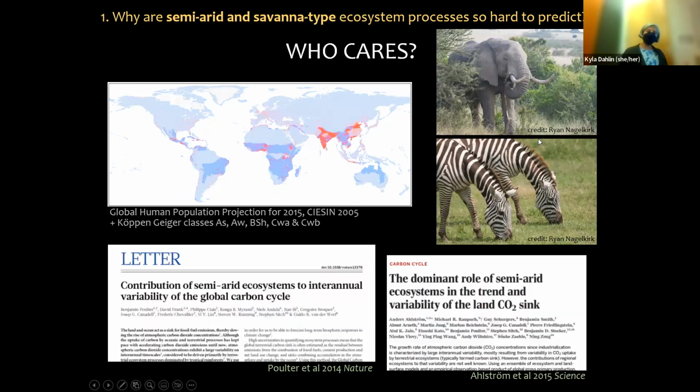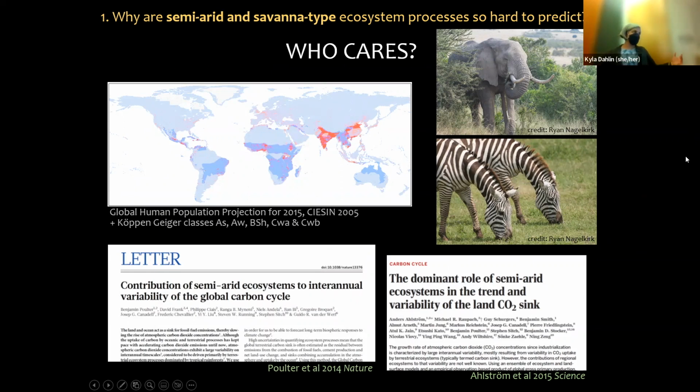And perhaps more importantly, from the ecosystem processes perspective, there are a couple of papers now, several years old, demonstrating that even though most of the carbon in the terrestrial world lives in the tropics or lives in the boreal regions, interannual variability is still really driven by these dry systems. And that's because they're so weird, because year-to-year variation is much more dramatic.